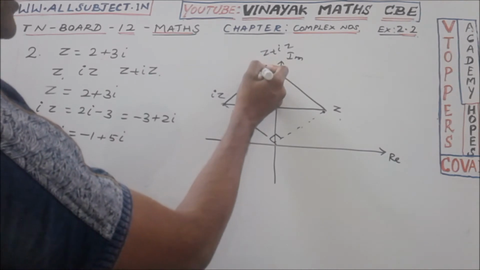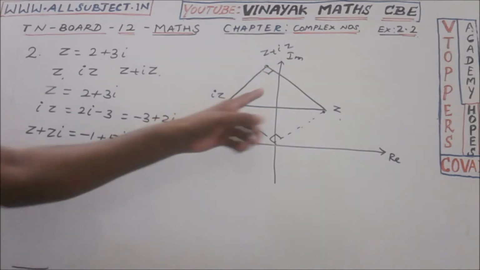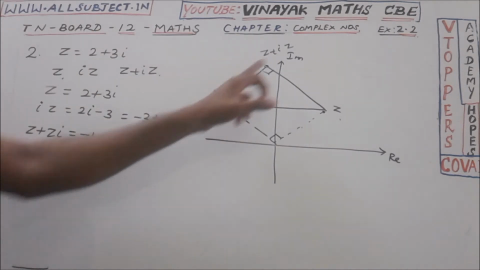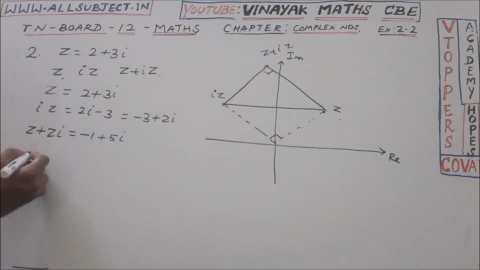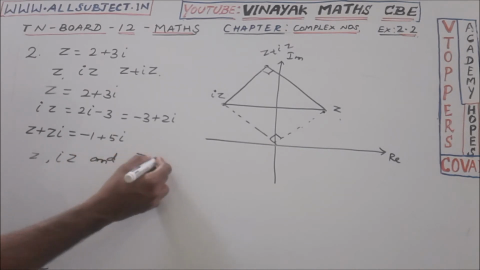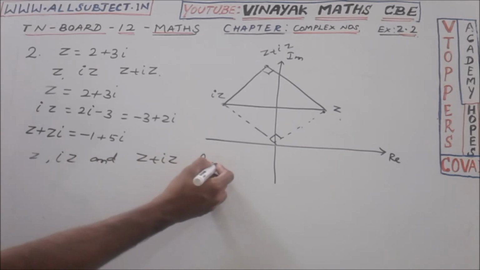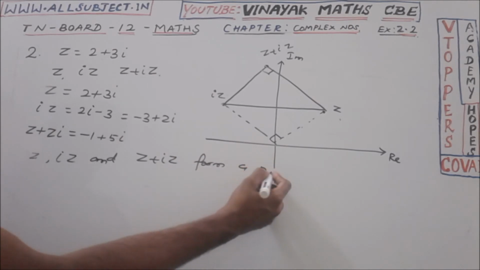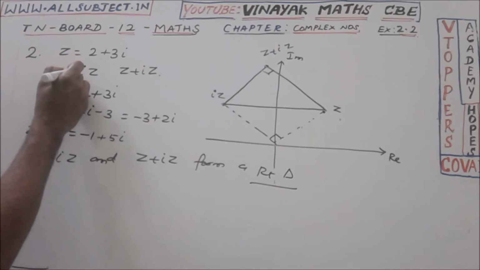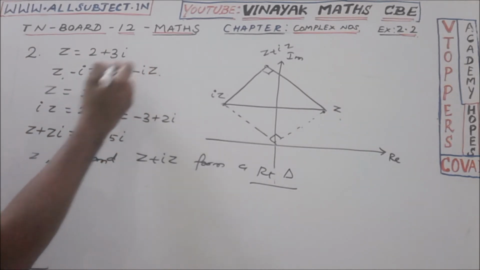So here 90 means here also we have 90 degrees. So z, iz and z plus iz form a right angle triangle, a right triangle. And then similar to that, z and minus iz, z minus iz we should find.